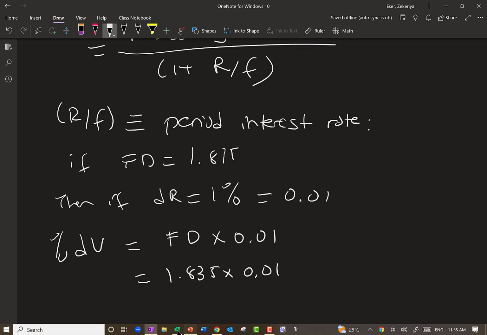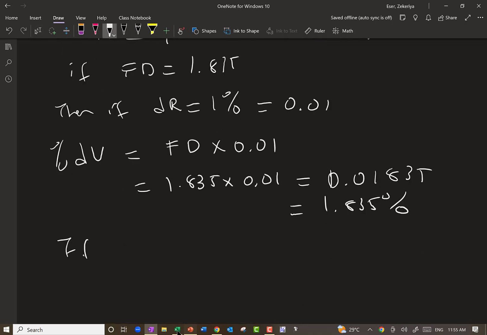If change is 1 basis point, also known as BPS, then if you know the original value of the bond, you can calculate what the change is.